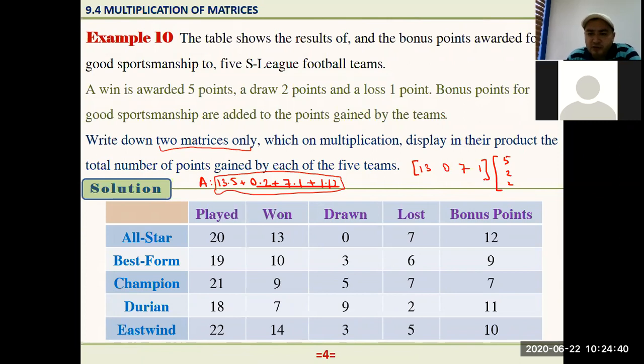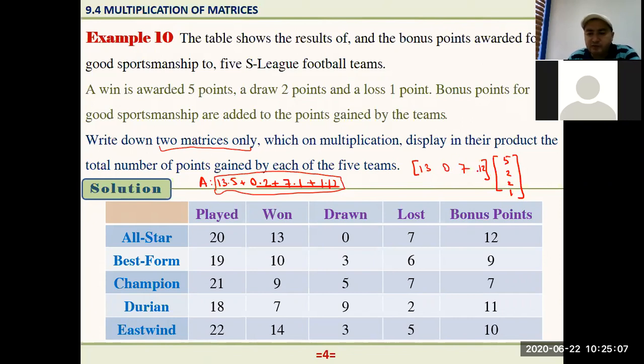And the bonus point, here we just need to write this, right? Here, maybe I need to write 12, and here I need to write 1. Okay, so if you multiply these 2 matrices, we get 5 times 13 plus 2 times 0 plus 1 times 7 plus 1 times 12.